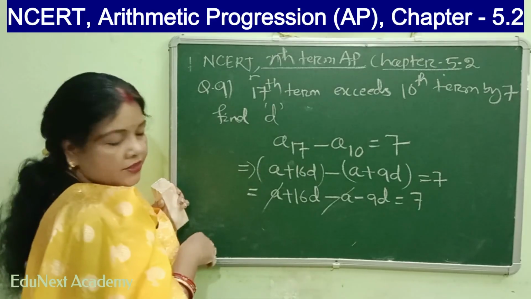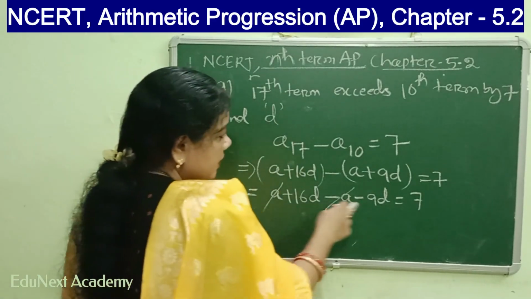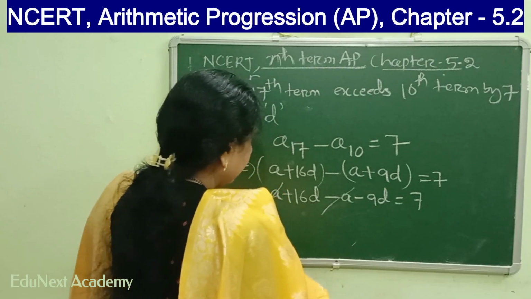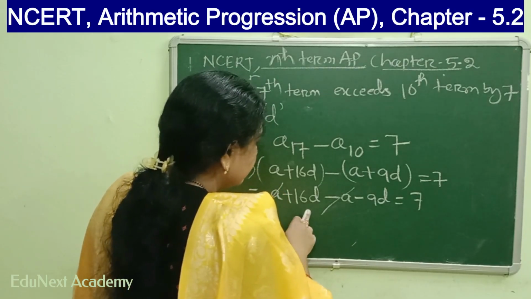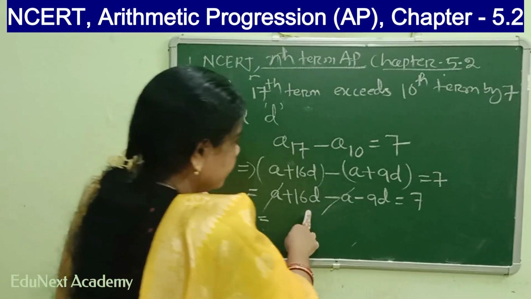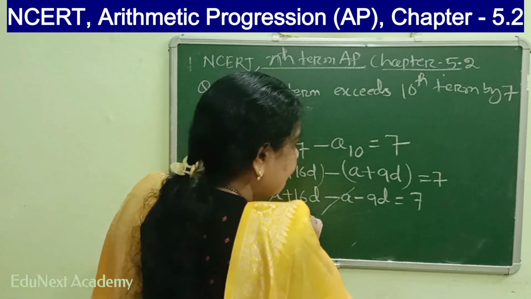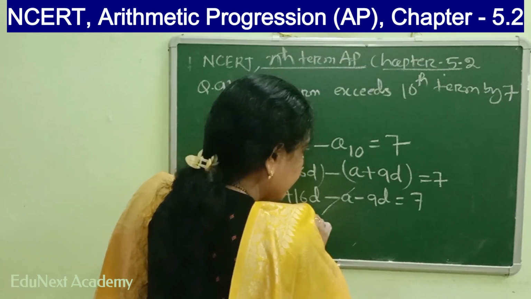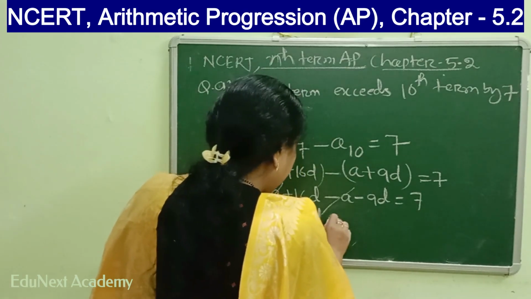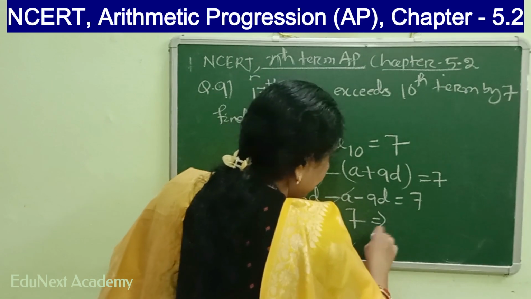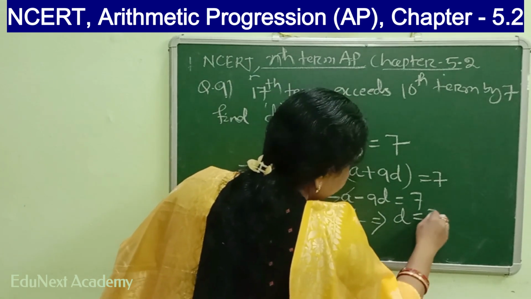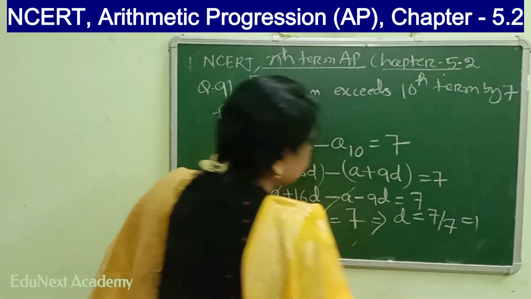The a and minus a cancel out. 16d minus 9d, how much is that coming? That is 7d. So 7d is equal to 7. This implies d is equal to 7 by 7, that is equal to 1.